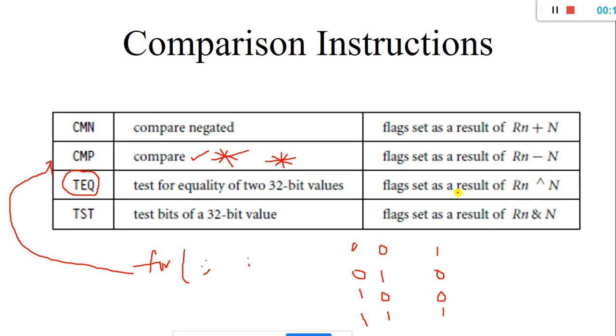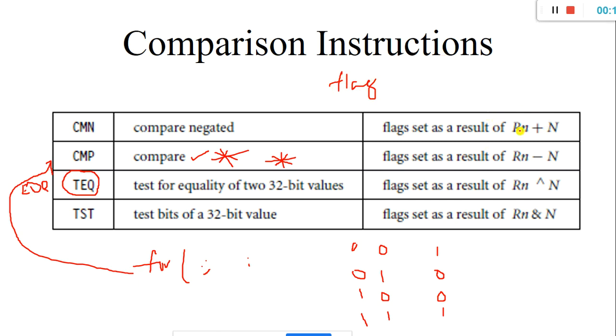Here, to perform the XOR operation, TEQ is used, but what is the difference between EOR and TEQ? Because right now we saw that EOR is the one instruction which performs the exclusive OR operation. But what is the difference between these two? In all of the comparison instructions, only the flags are going to be varied, not a destination register.